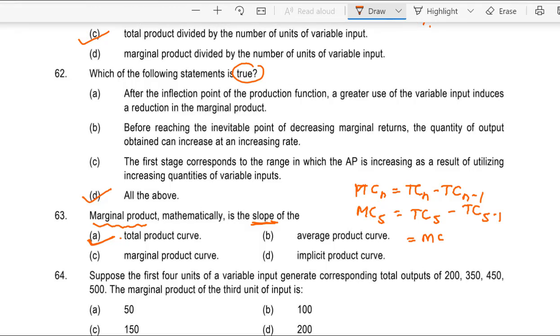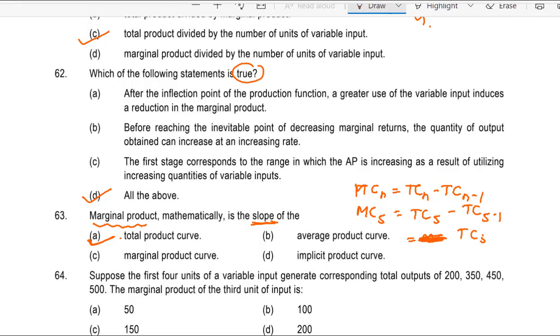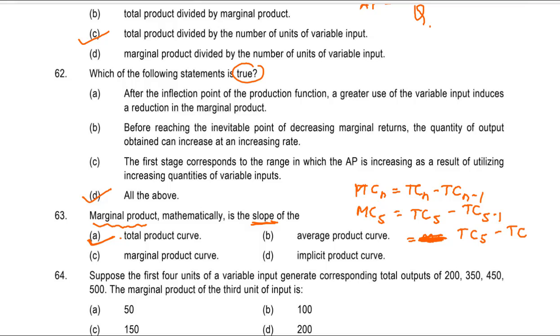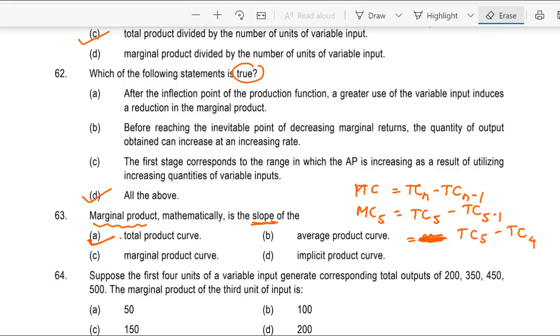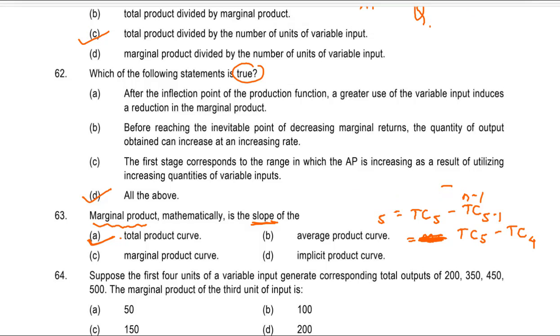That means TC5 minus TC4. I had written this in cost form. Let me change it to product form.